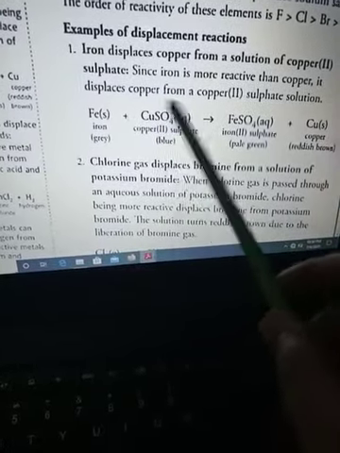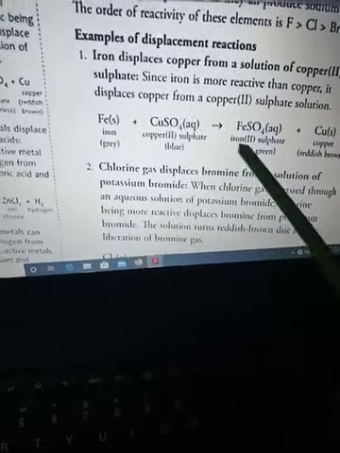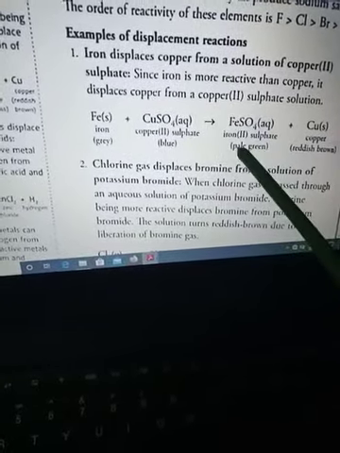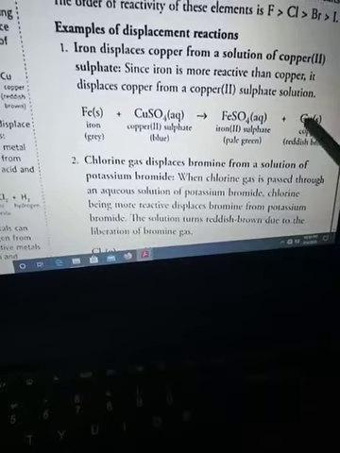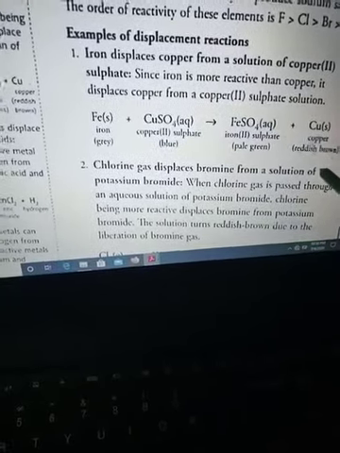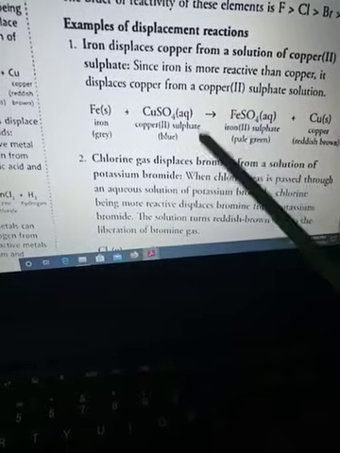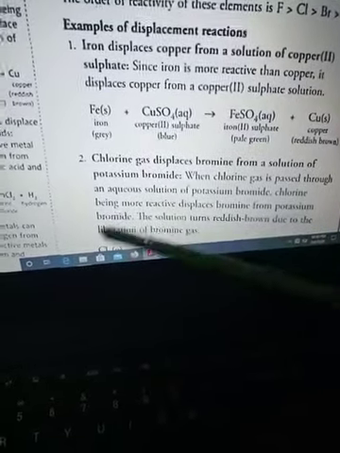Over here, the blue color of the copper sulfate solution becomes pale green, that means yellowish in color, and copper will be reddish brown. So you can see how the color is changing by the displacement reaction.